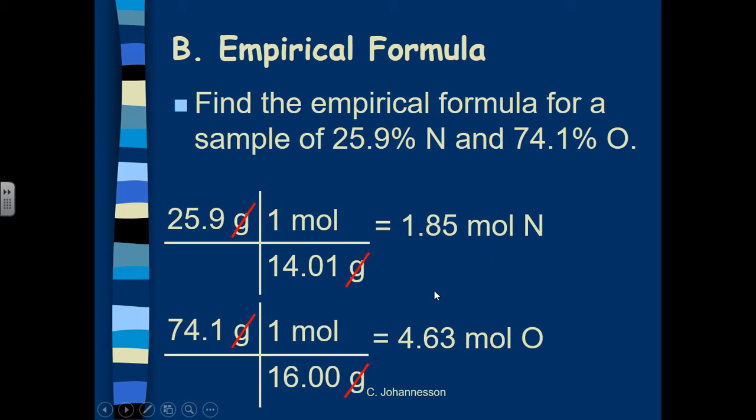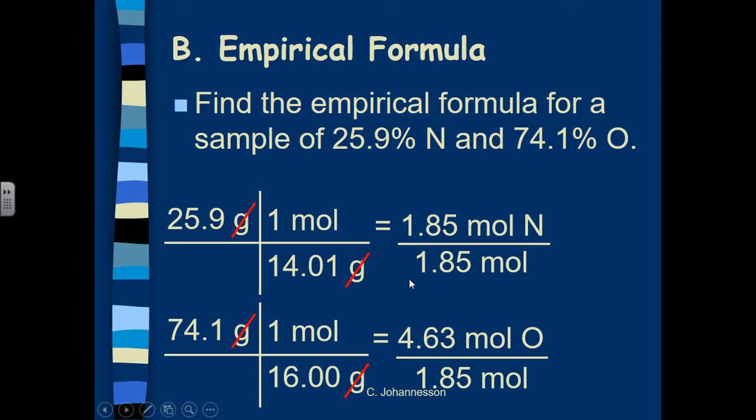Once you convert to moles, the next step is to divide by the smallest one. So between 1.85 and 4.63, 1.85 is the smallest number. So you divide all of your numbers by the smallest number. So you have to convert each element to moles before you do this next step, because you have to know what the smallest number is. In this example, there's only 2. So we converted them both to moles and then divided by the smallest.